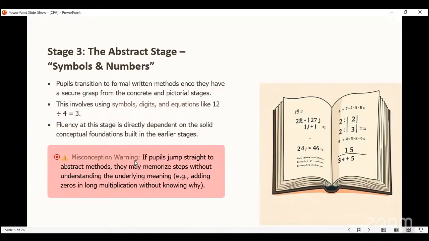Adding zeros, like after you multiply the units by all the digits in the number given, then you need to add 0 before you continue multiplying with the second digit. The children need to know why. They need to know why and how you arrived at that 0, which is the conceptual understanding.